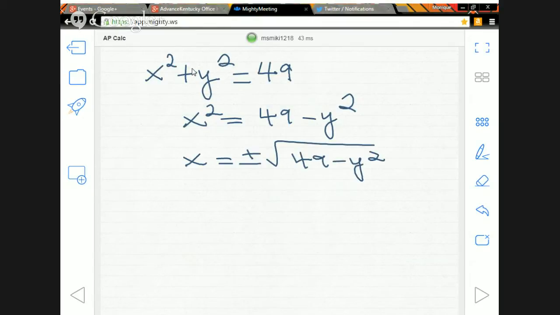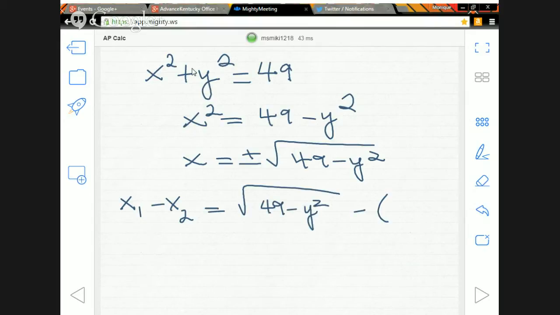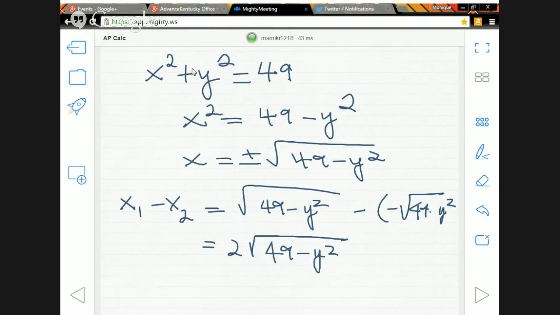So that really means that x1 minus x2 is the positive square root minus the negative square root. So that's equal to 2 times the square root of 49 minus y squared.